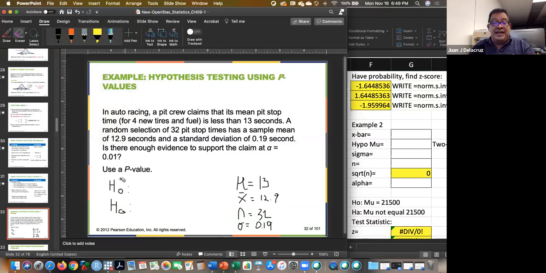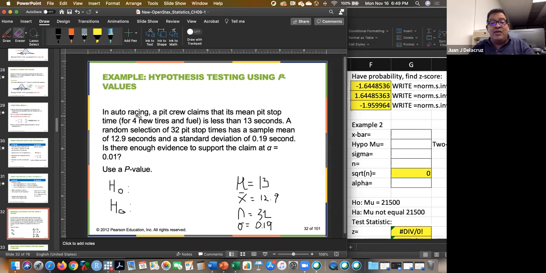So we have the H0, we have the H sub A. So the first thing that I have to make sure I know is whether I am assessing mu, the population mean, the population proportion, or sigma square, which is the variance of the population. So I need to know from my case whether this is going to be any of these parameters.